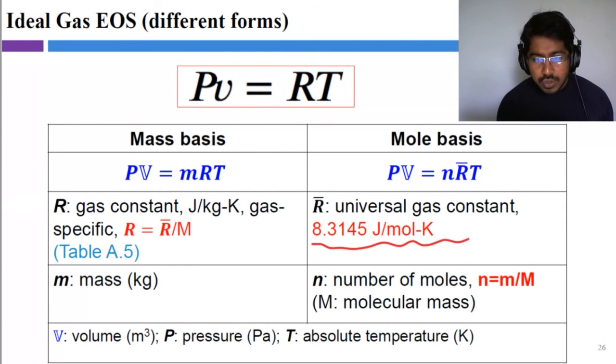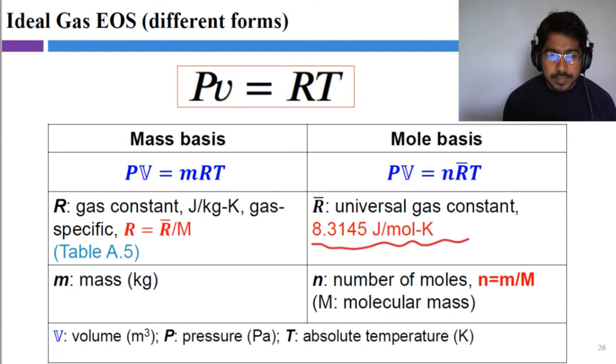Universal, as the name implies, means it does not change from one gas to the other. But in the equation that we use now, the gas constant R is not universal. It is specific to each gas, so it changes with the substance.